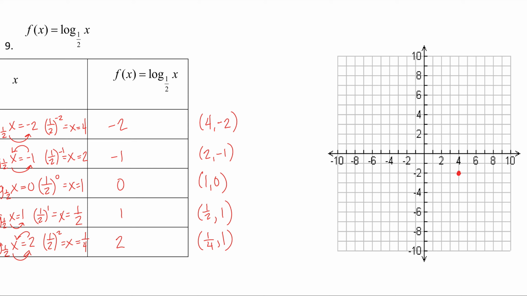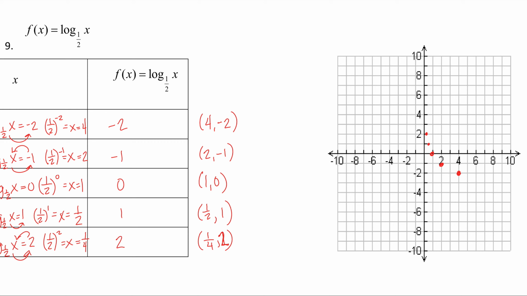Positive 2, down 1. 1, 0. So I have a point here. And then I am going to plot my next point, which is 1/2, 1. And then 1/4, 2. So I'm going to have a point here.